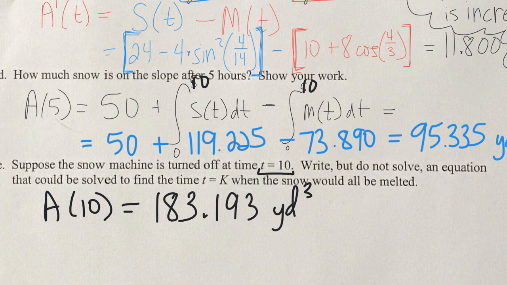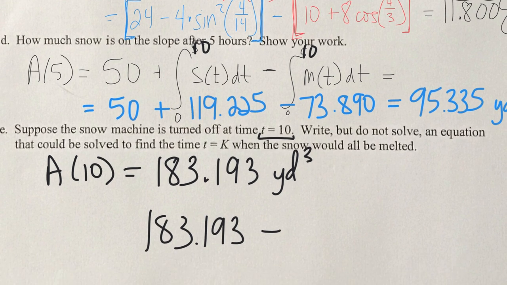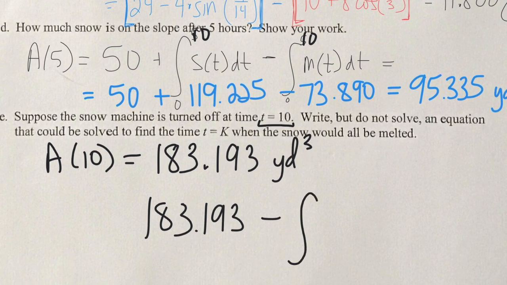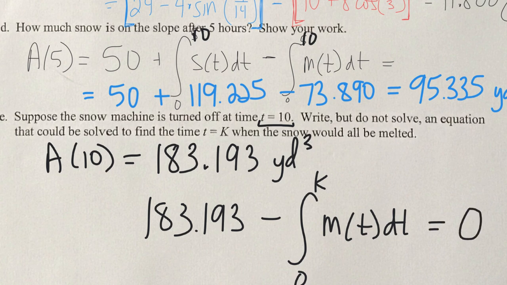So then we take that amount of snow, this is just the snow we have, and we subtract the melting, because we want all of our snow to melt, from 0 to I don't know when, we want the K value. How long do we have to wait until all of the snow melts, until the snow equals 0?